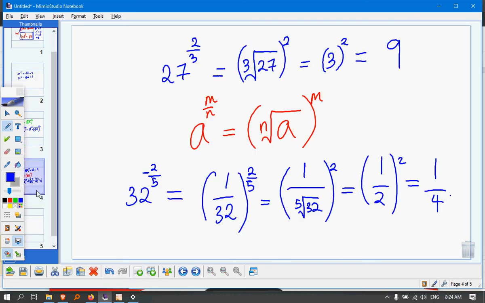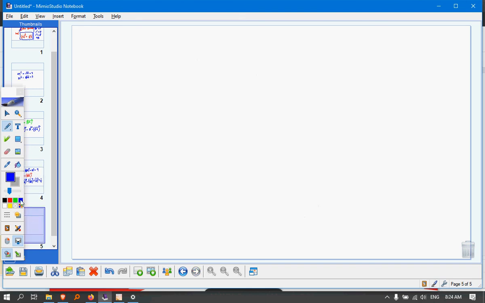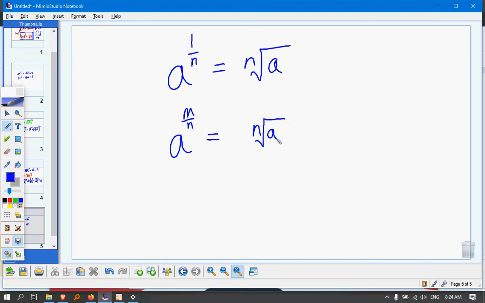Brief recap once again. The fractional index rules are: if I have a to the power 1 over n, that's the nth root of a. And if I have a to the power m over n, that becomes the nth root of a, everything to the power m.